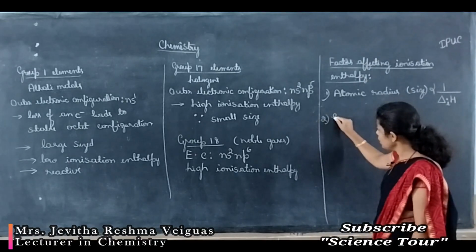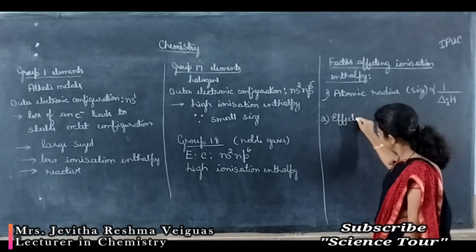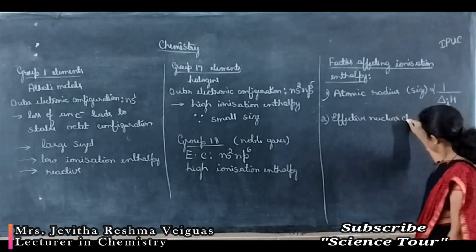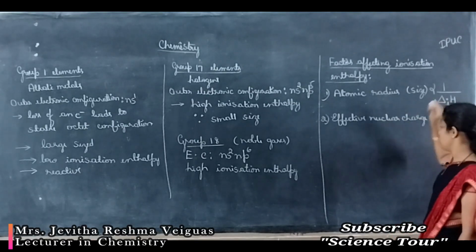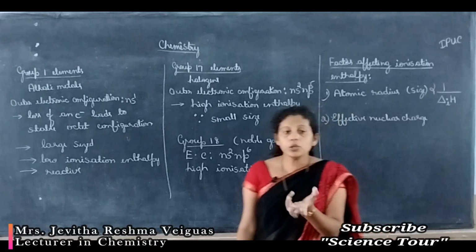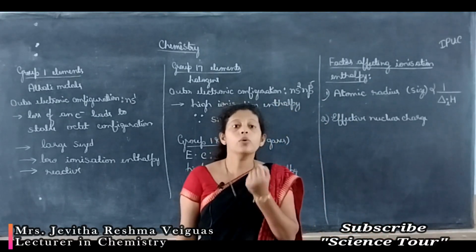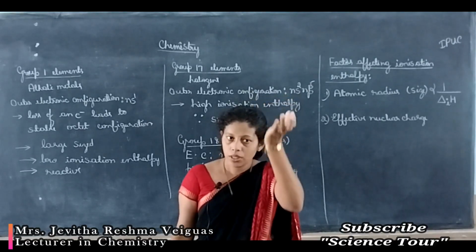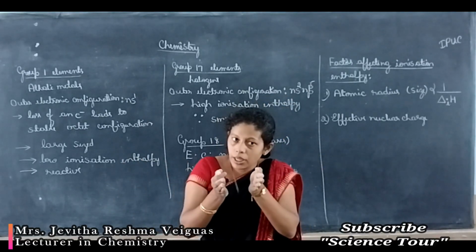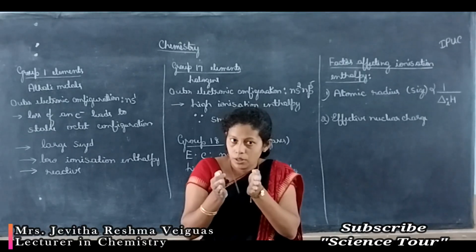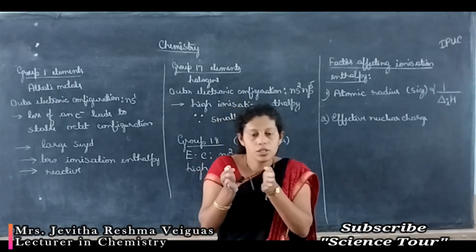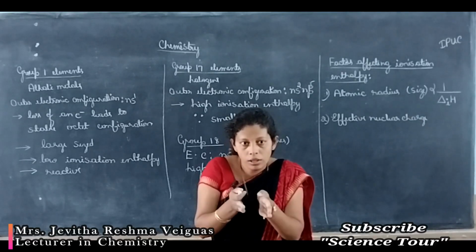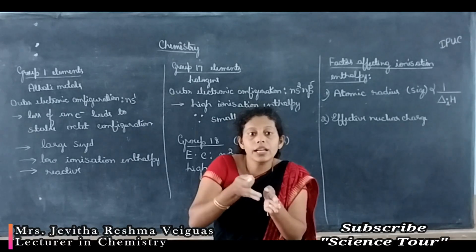The second one is effective nuclear charge. Effective nuclear charge is the charge possessed by the nucleus. If the effective nuclear charge increases, the size of an atom decreases. So, the more the effective nuclear charge, the smaller the radius. If the radius is small, attraction between the nucleus and electrons is more.